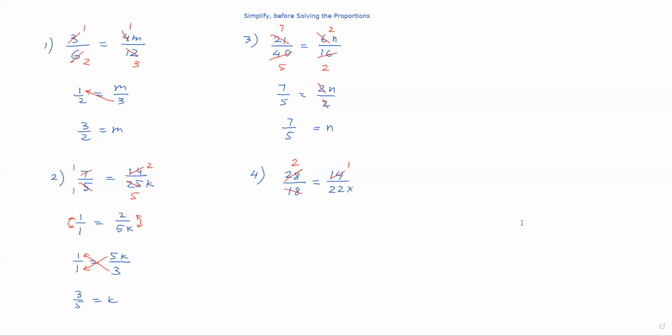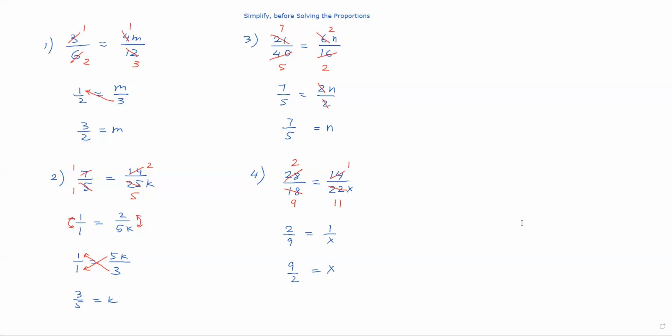They can only be divided by 2. 18 divided by 2 is 9. 22 divided by 2 is 11. I'm going to carefully rewrite this, making sure we didn't forget anything. So 2 over 9 equals 1 over x. We don't have to multiply anything here. We just flip it over, and we're done. So this will be equal to x.